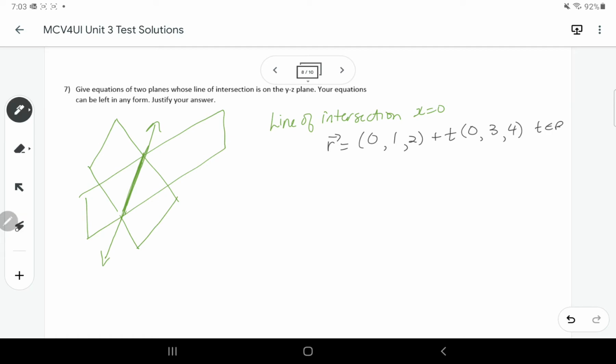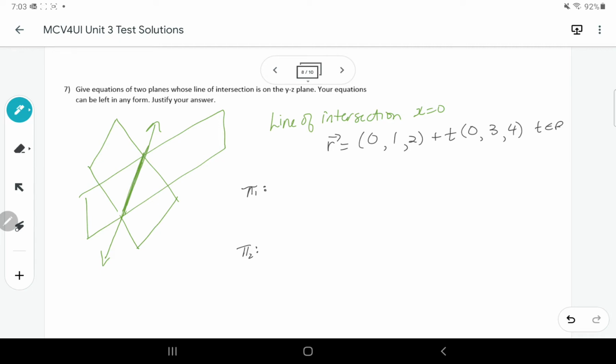And then if I wanted the equations of two planes, remember that we would have the equation of, say, this plane.